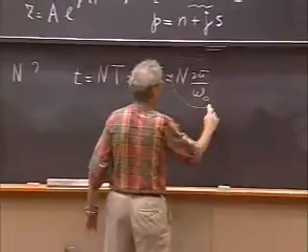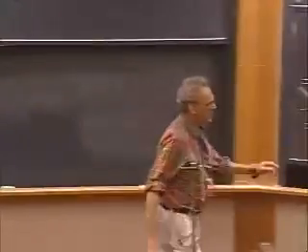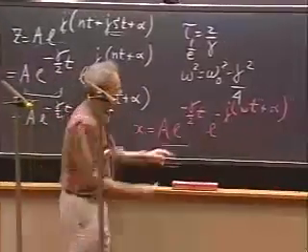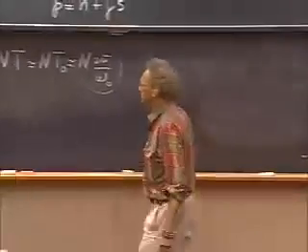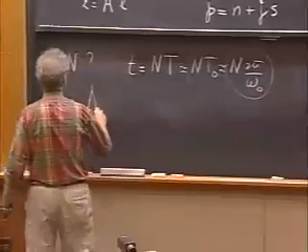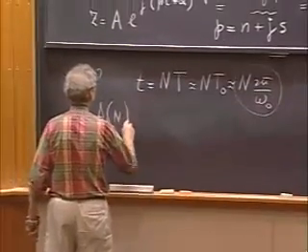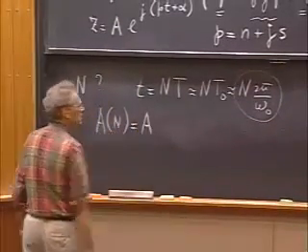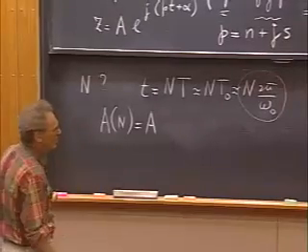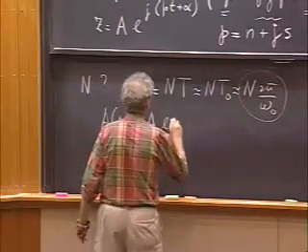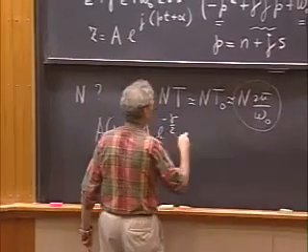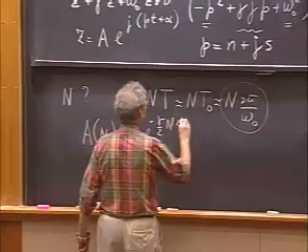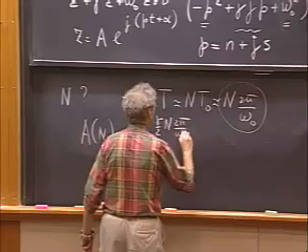I can now substitute this time in this T and only concentrate on that decay portion, that early part. So what I find then, that A, after n oscillations, is A times e to the minus gamma over 2 t, e to the minus gamma over 2, times this time after n oscillations, n times 2 pi divided by omega 0.